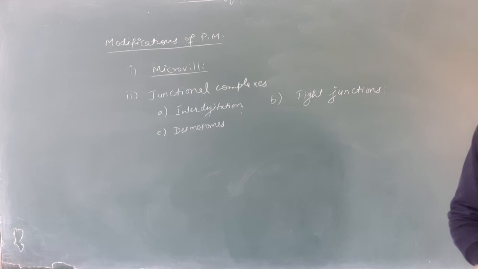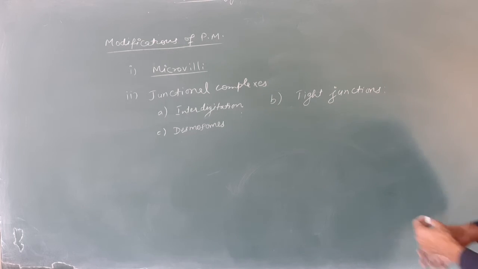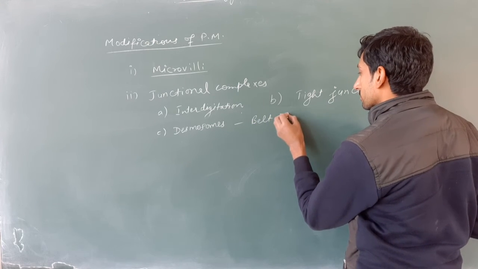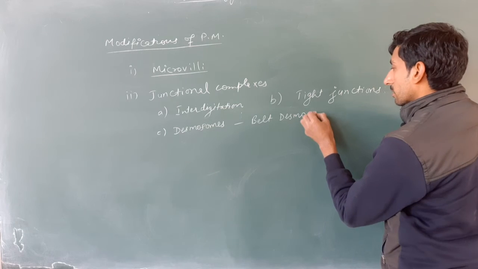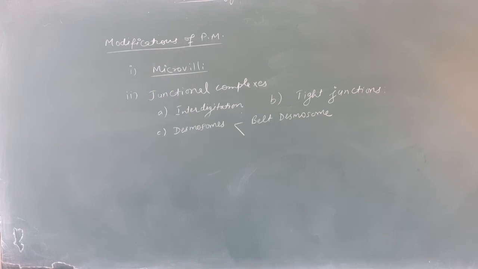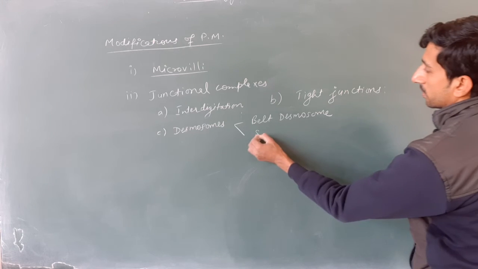Desmosomes are of two types. One is belt desmosome, and another one is spot desmosome.